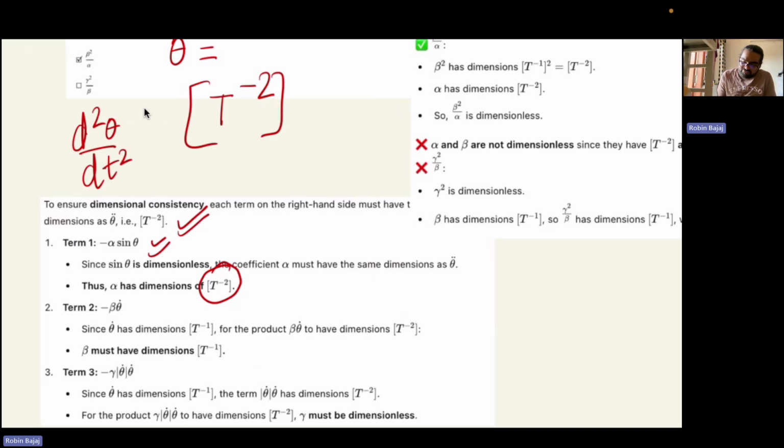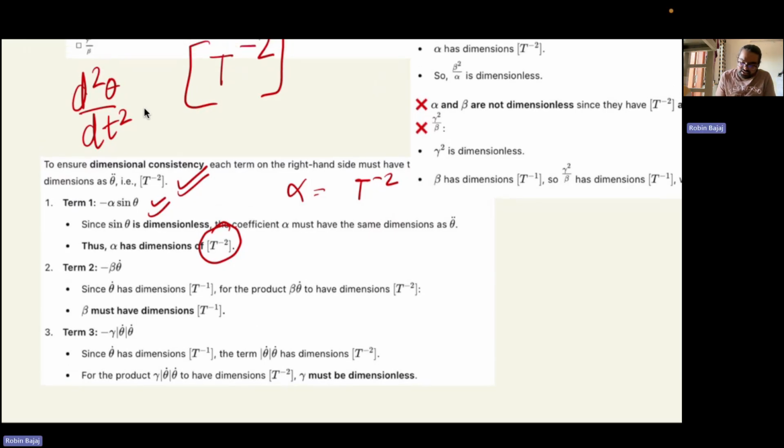So first you identified alpha has t power minus 2. Next, you equate it to the second term. So t power minus 2 is equal to beta times theta dot, which is t power minus 1. So your beta has to be t power minus 1. Okay, you get beta also now.